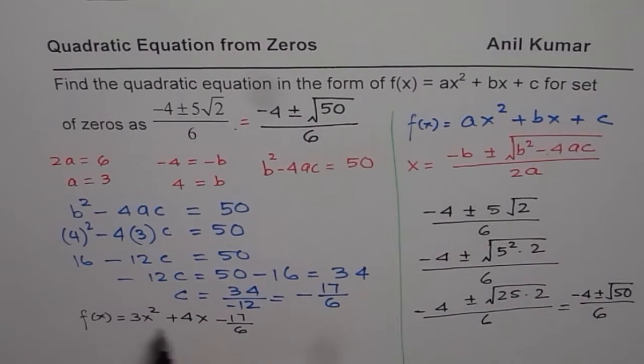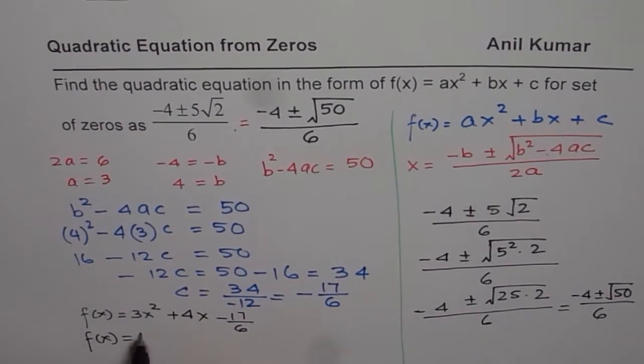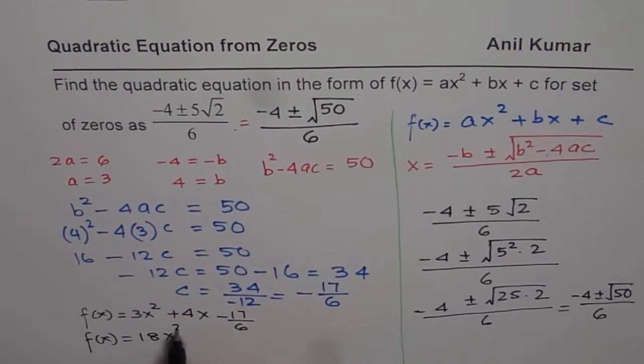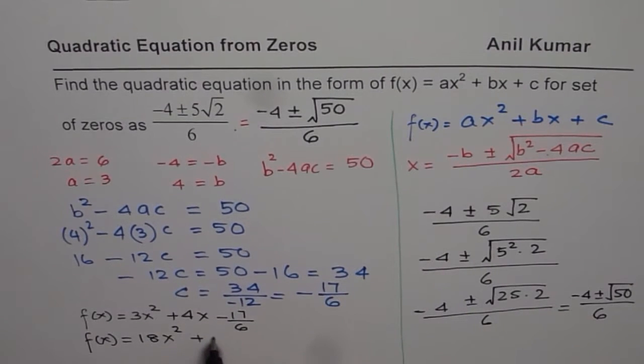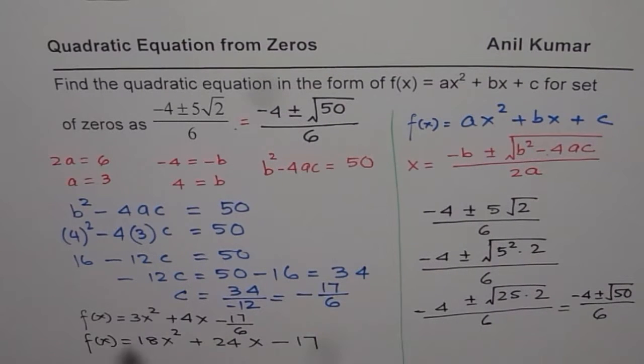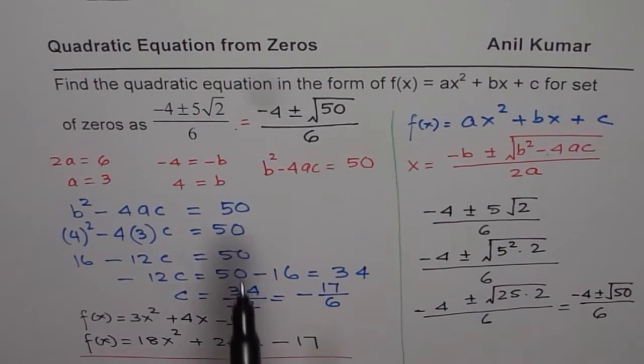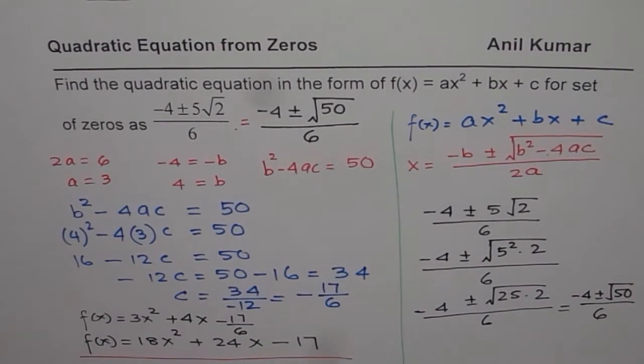So I'll multiply each and every term with 6, and I can write my function as f(x) = 18x² + 24x − 17. You get the idea. So that becomes a quadratic equation for which the roots are (−4 ± 5√2)/6.